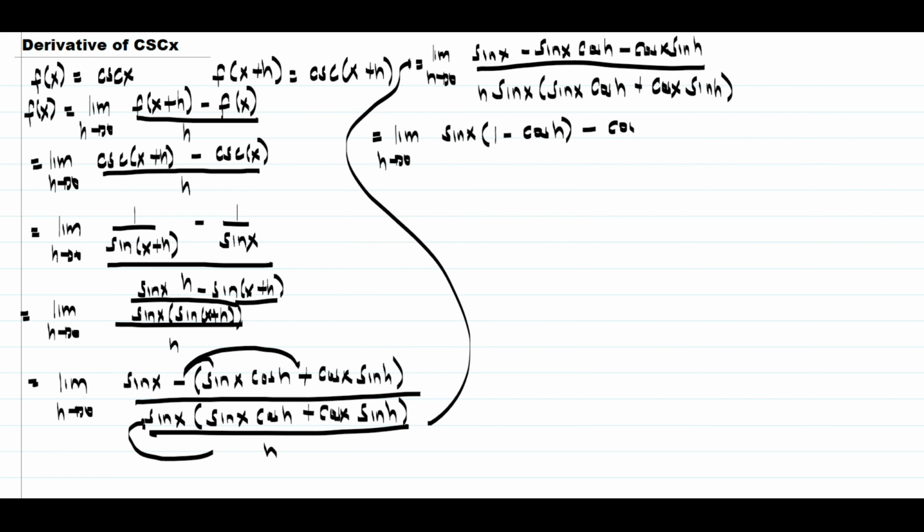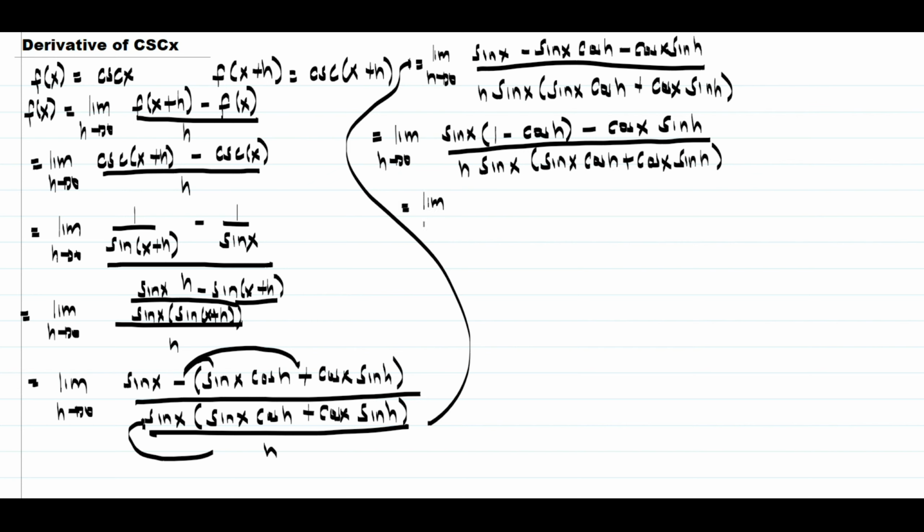Let us write cosine x sine h all over h sine x times quantity sine x cosine h plus cosine x sine h. So in order for us to simplify this one, let us separate the denominator.